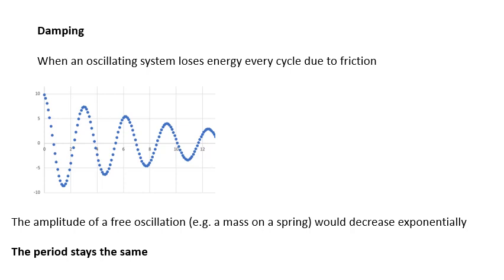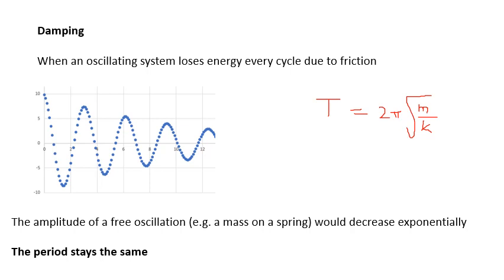If it's a mass on a spring, then T is 2 pi root m over k, and you will notice that in that equation it does not mention the amplitude, does it? Therefore, the period has nothing to do with the amplitude. So the period will stay the same, but as it loses energy every cycle due to friction, the amplitude will get smaller.